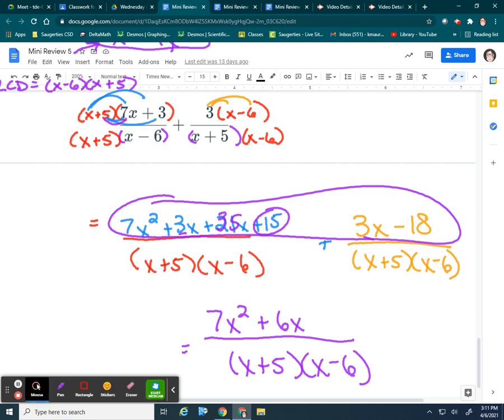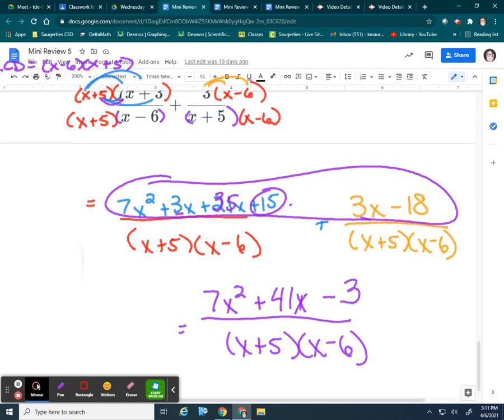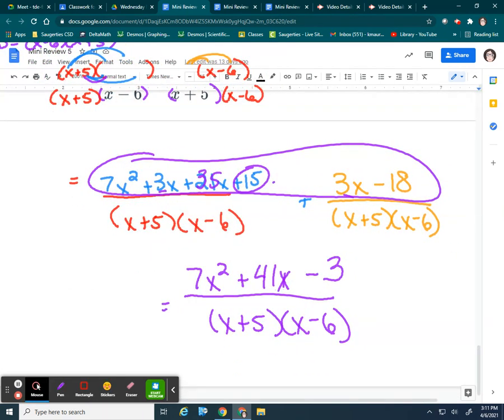Sorry about that. So when I do 3x plus 35x plus 3x, that is 41x. And then 15 minus 18 is a minus 3. So the top is a trinomial, 7x squared plus 41x minus 3.